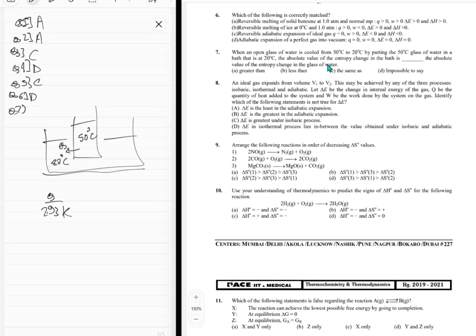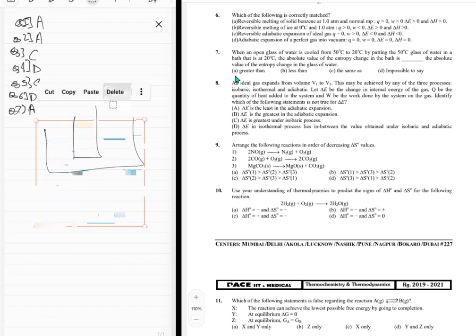And this thing is going to be negative Q upon 323 Kelvin or something like that. This thing is positive, right? That's because Q upon 293 is bigger than Q upon 323. So for the bath, the absolute value is bigger than what it is for the glass. So it's greater than, option A.